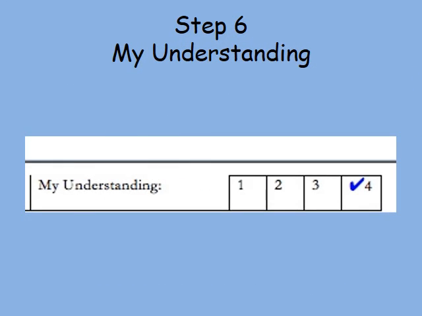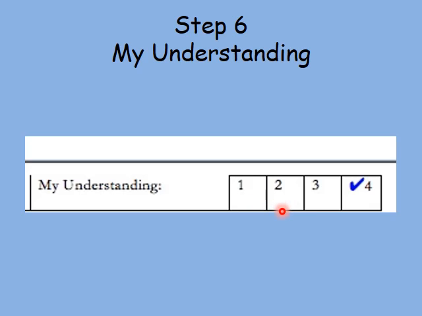The final step then is to rate your understanding. So if you feel like you really need a reteach, then you're going to pick number 1. That means you still really have no idea about what textual evidence means.